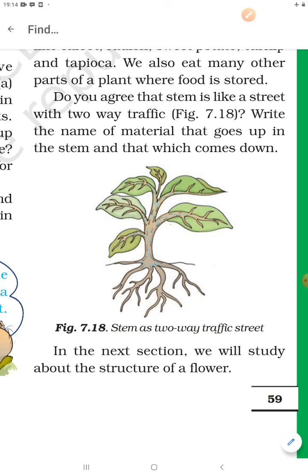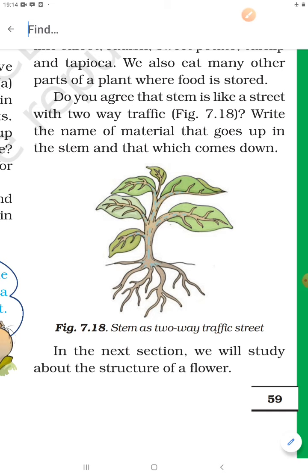These things are absorbed by root, and after that the stem conducts these to leaves and other parts of the plant. Then the leaves prepare food. This food travels through the stem.